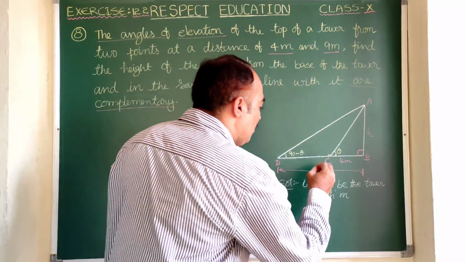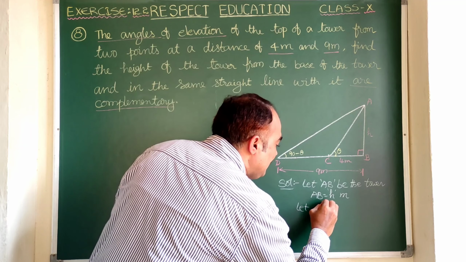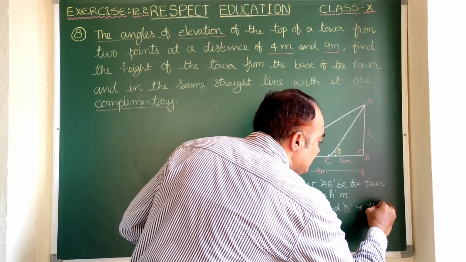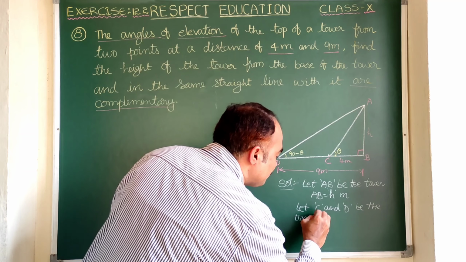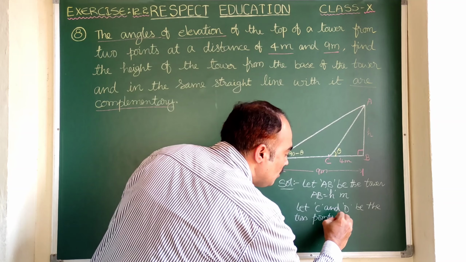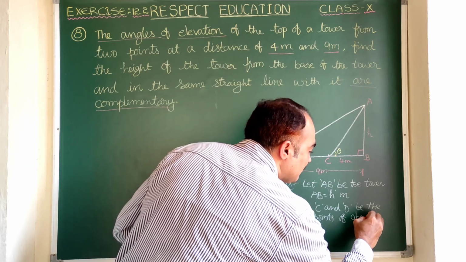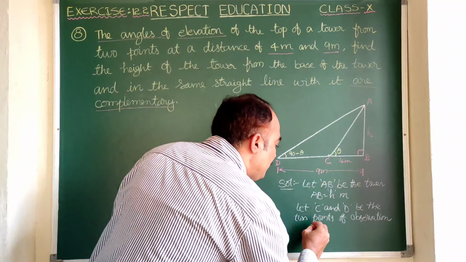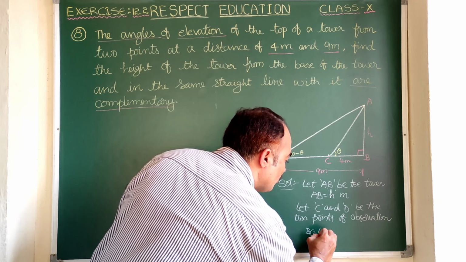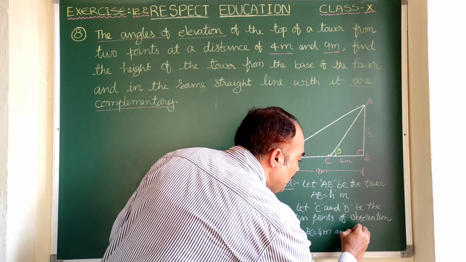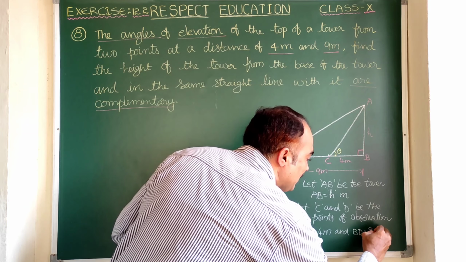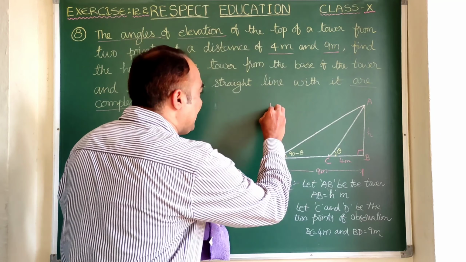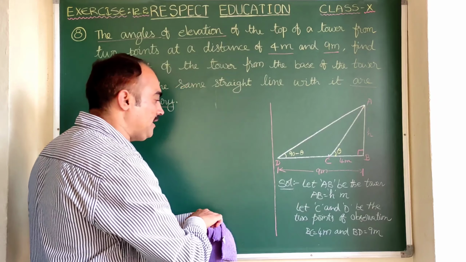Now let C and D be the 2 points of observation. It is given that BC is equal to 4 meters and BD is equal to 9 meters. Now, also given that the angles of elevation are complementary.